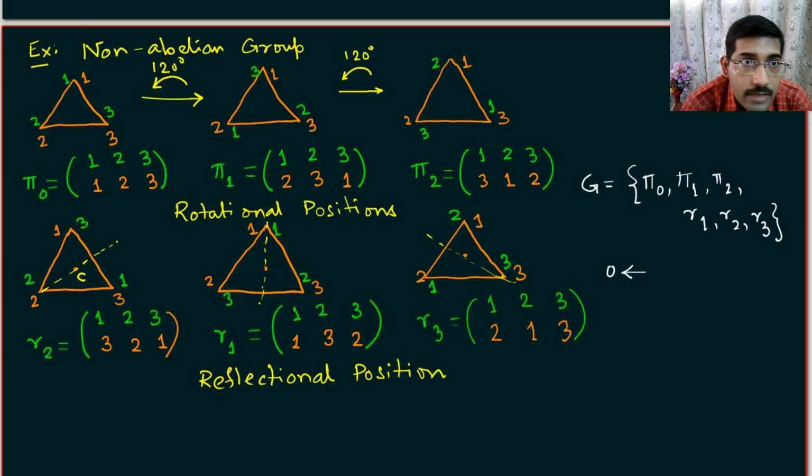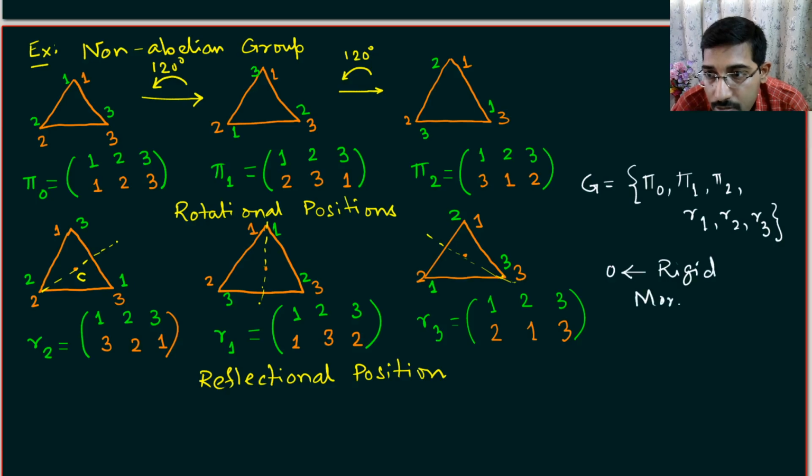So these are motions that can happen to an equilateral triangle. These operations are rigid motional positioning, so I just change the position.